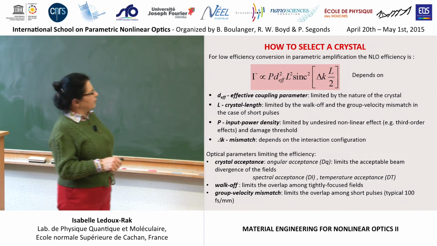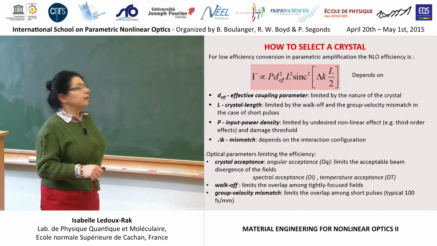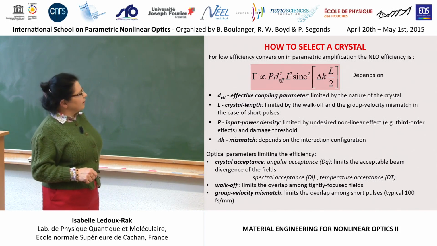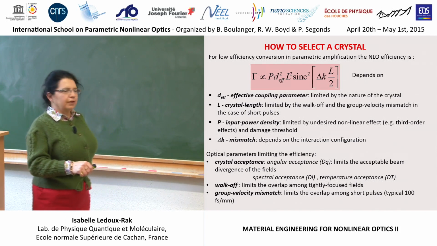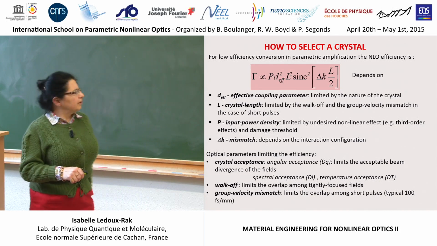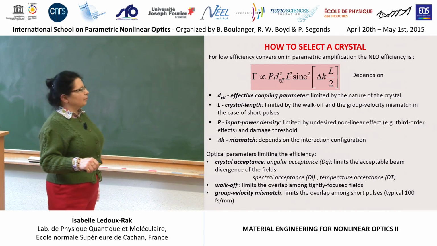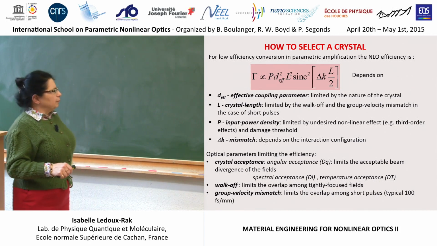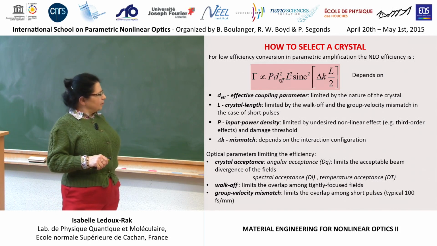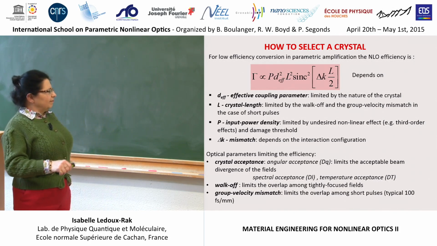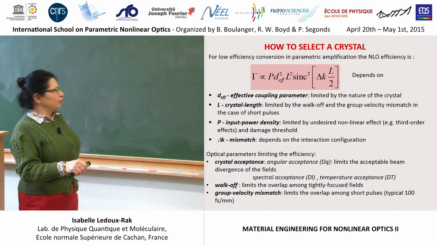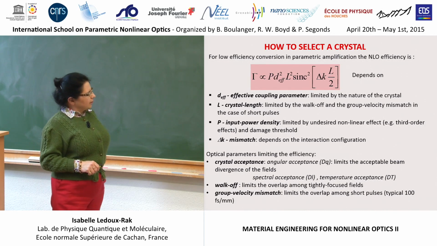So this effective coupling parameter is limited by the symmetry of the crystal and its nature. You have the crystal length, which can be limited by the walk-off due to birefringence, and the group velocity mismatch. I think you have seen these problems quite often in the previous lectures. The input power density is limited by damage and nonlinear effects, third-order effects. And the mismatch depends on the interaction configuration. As you know, you have to search for perfectly phase-matched materials.